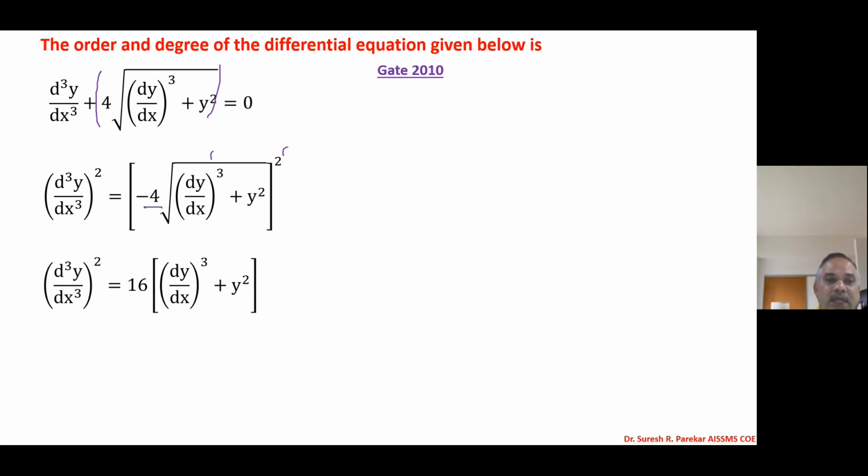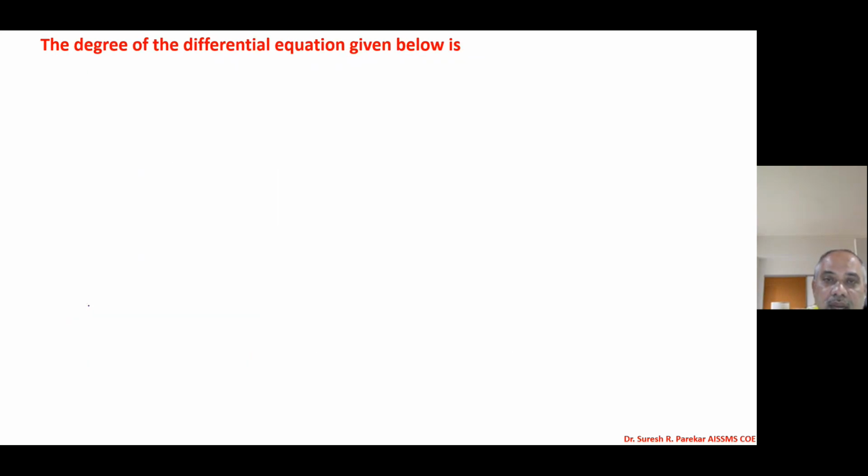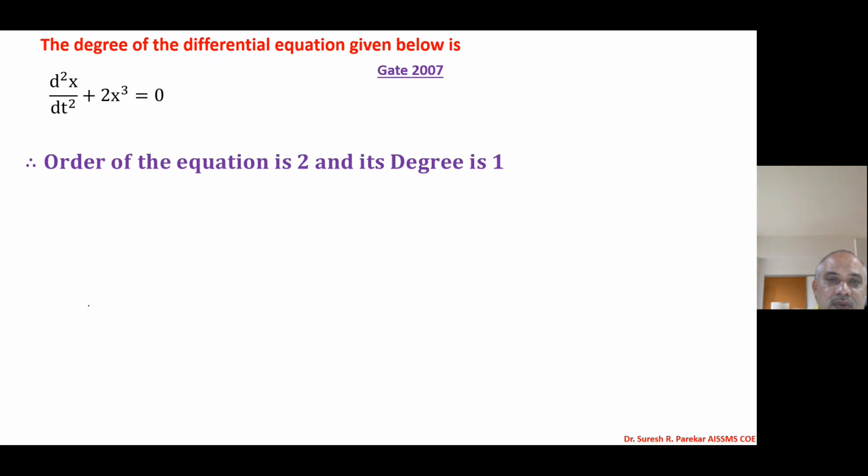And then we get (d³y/dx³)² equals 16 (dy/dx)³ plus y². Now here you can see the highest order of derivative is 3, and the degree of this is 2. So we have order 3 and degree 2, and then we have the last question.